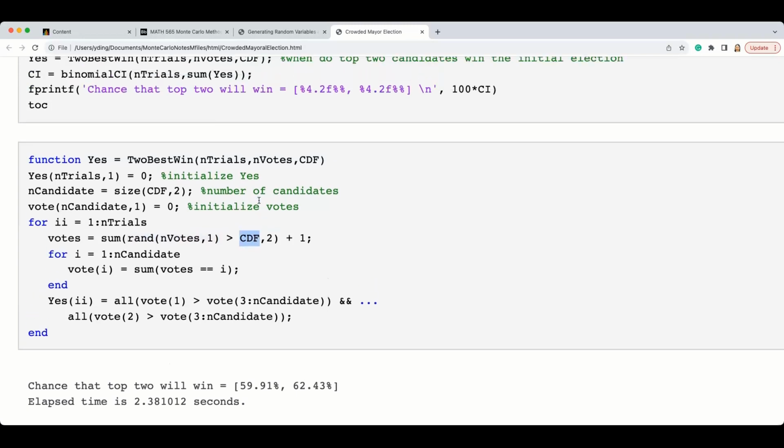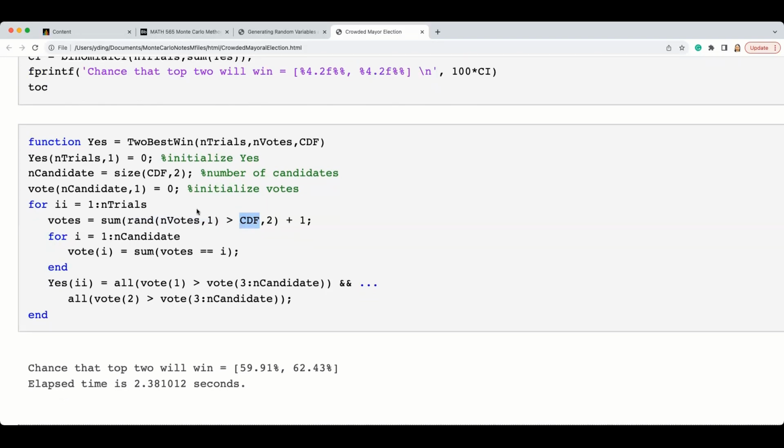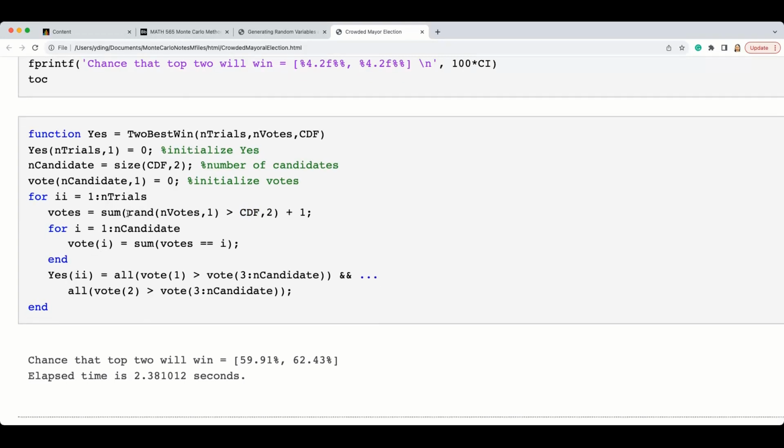CDF is the cumulative distribution function. So if this uniform random variable is greater than that, we will consider it voted for the candidate. Okay, so you're trying to do that, and you get this sum.